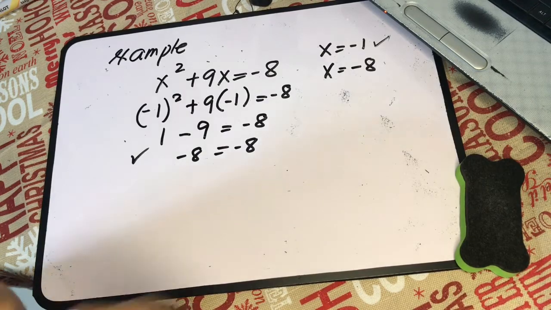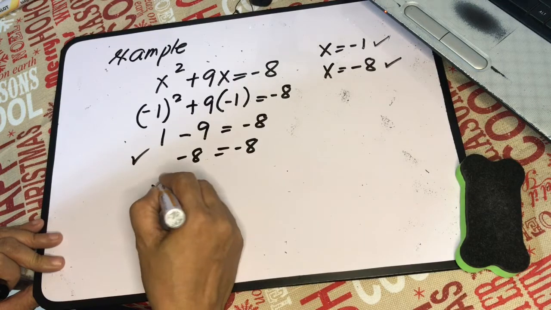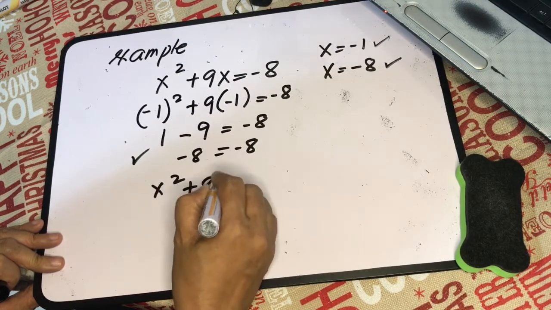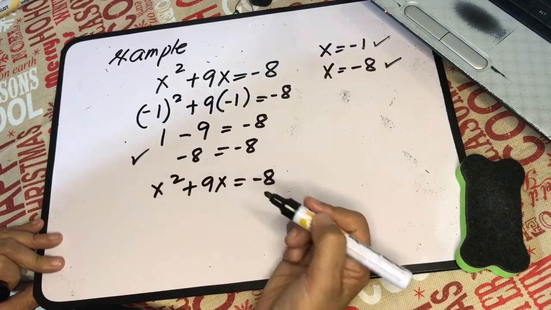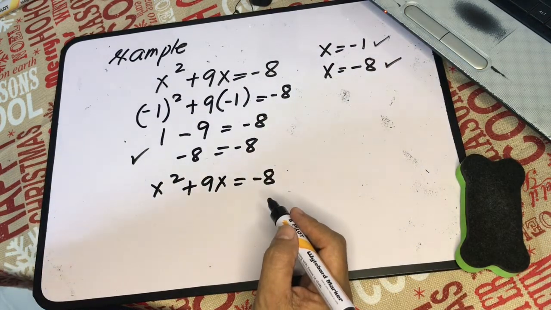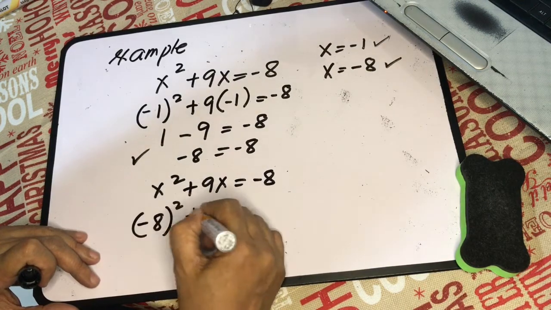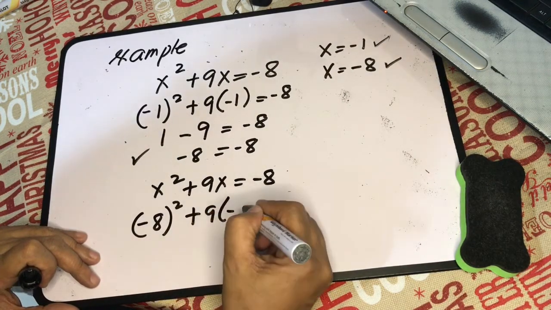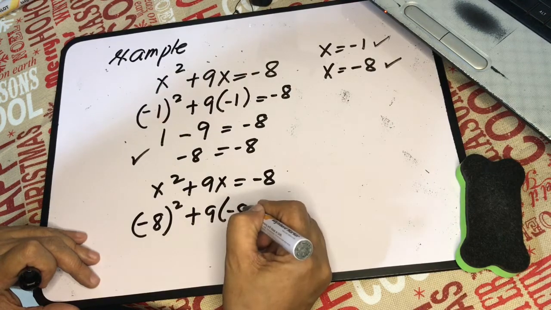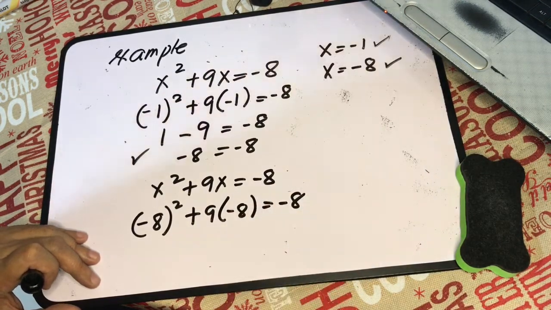Next, what about negative 8? Again, from the original equation, x squared plus 9x equals negative 8. If x is equal to negative 8, then negative 8 quantity squared plus 9 times negative 8 is equal to negative 8.